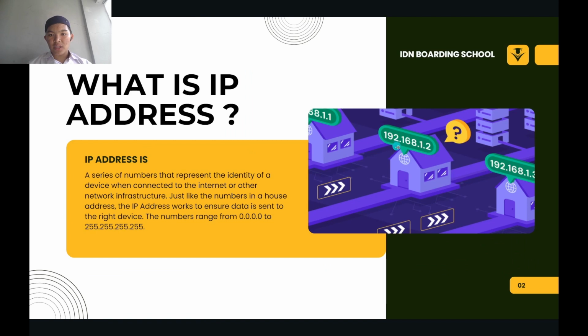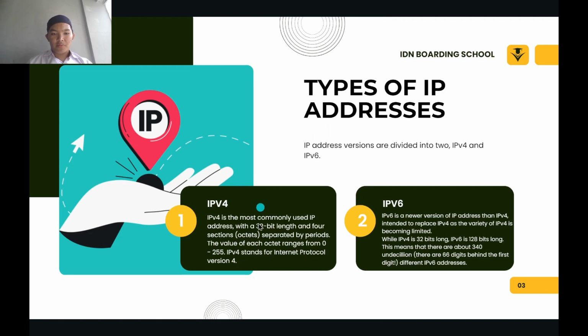This is the first octet, the second octet, the third octet, and the last octet, so in total there are 4 octets in IPv4. The value of each octet ranges from 0 until 255. That was what I said in the first slide.